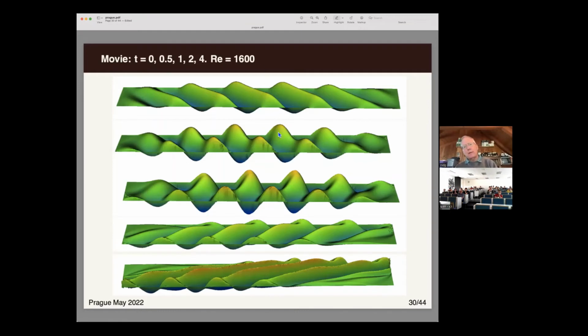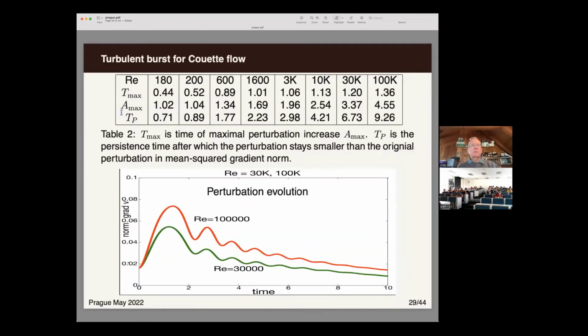So the decay is complicated, and yet the evolution is complicated. So the perturbation starts out one way, sort of deforms, and then turns the other way, and is of course decaying in magnitude as given by these numbers here. So the amplitude, by these, you have to look at these.